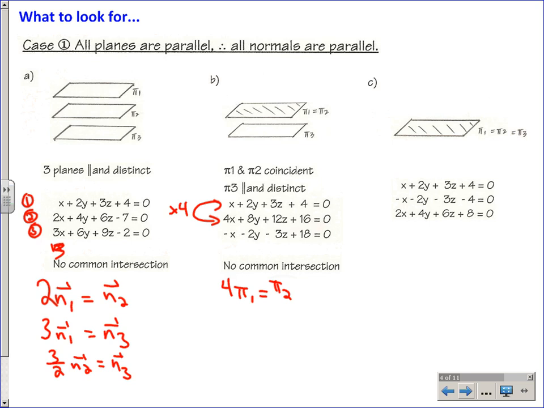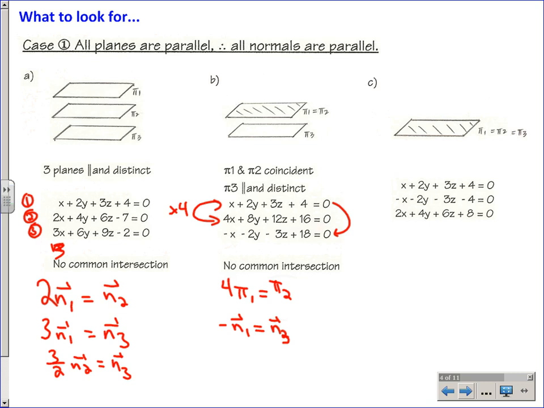But then the third plane is parallel, right? You can see on that one, you've multiplied the normal vector by -1. So the normal vector of the first plane times -1 gives you the normal vector of plane 3.